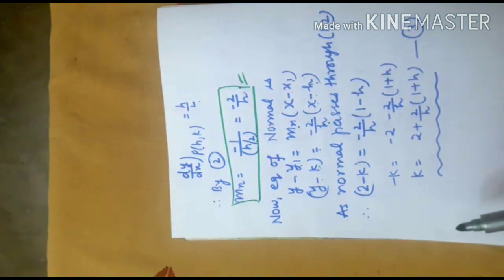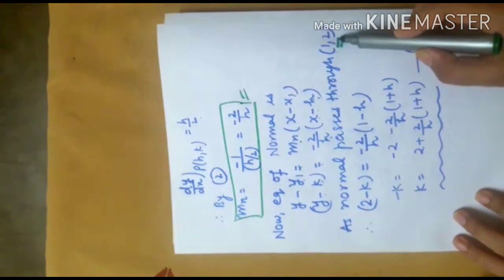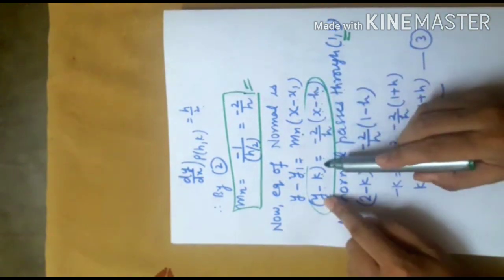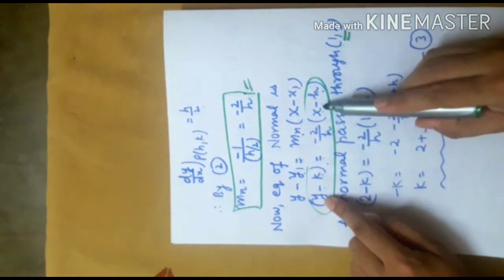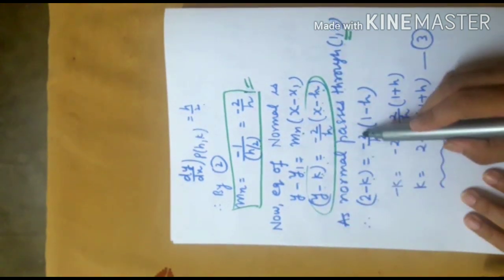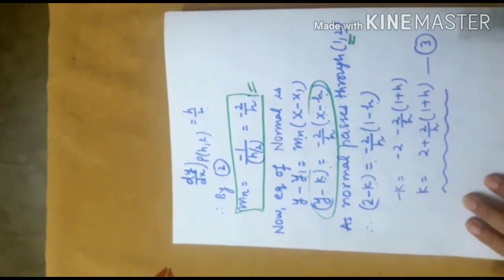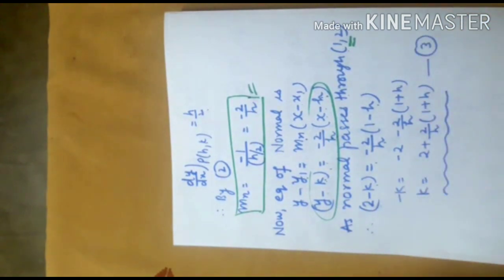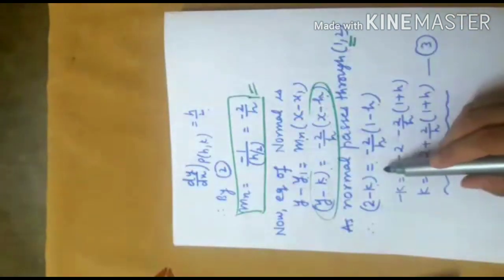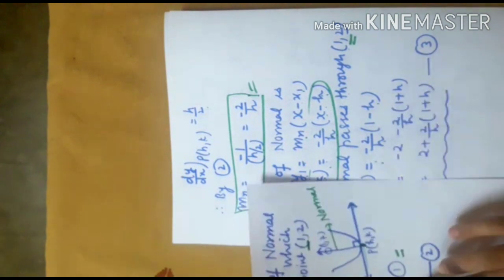Now according to the question, normal passes through the point (1, 2). So this point should satisfy the equation of the normal. So in this equation, I'll put x equal to 1 and y equals 2. So I'll get 2 minus k equals minus 2 by h into 1 minus h. Right? Now, this was our first equation and this is our next equation. So now we have to solve these two equations.